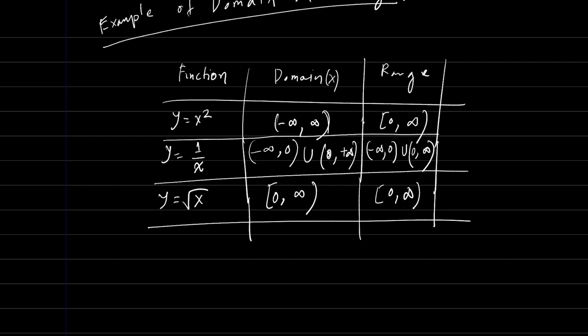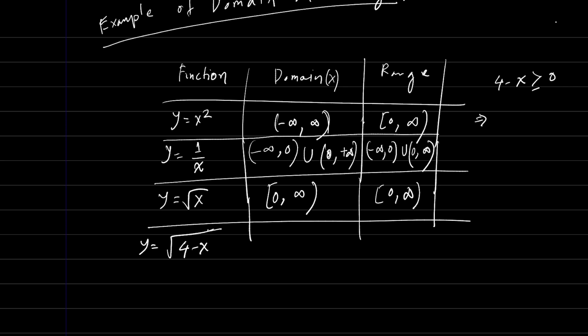Okay, how about y is equal to square root of 4 minus x? We know that a negative cannot be inside the square root. 4 minus x has to be greater than or equal to 0.